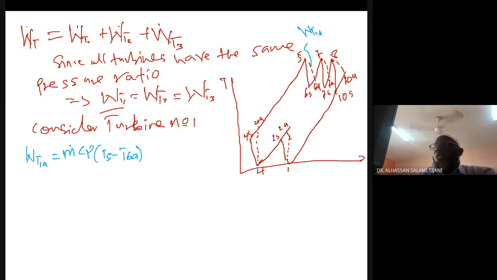Okay, so it means we need to determine T6A. Mass flow rate we know already.